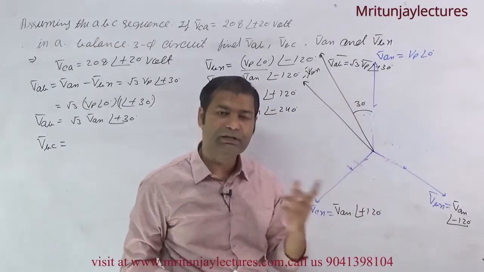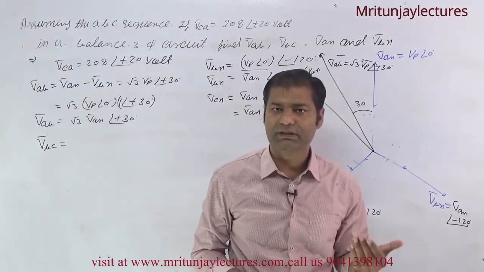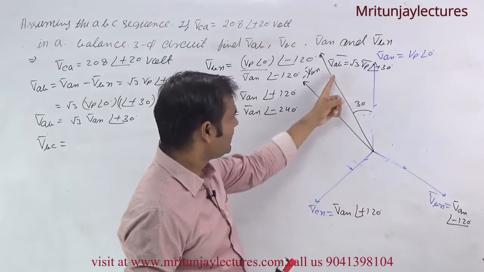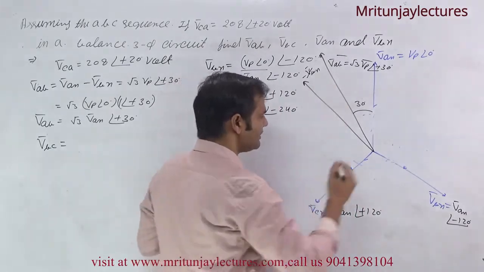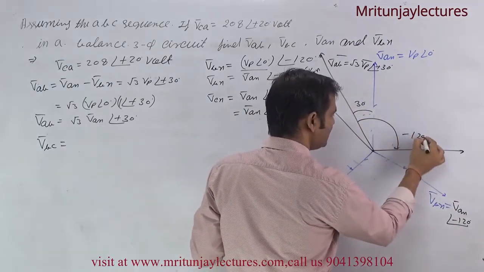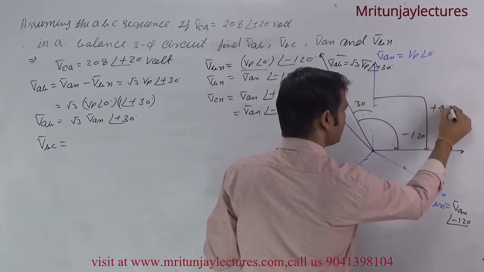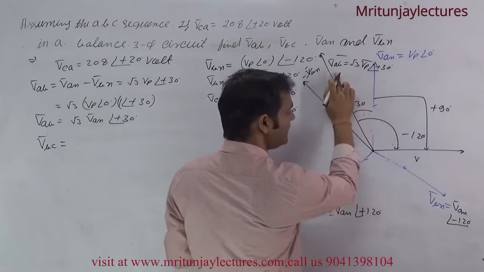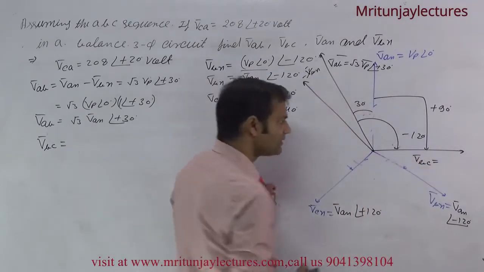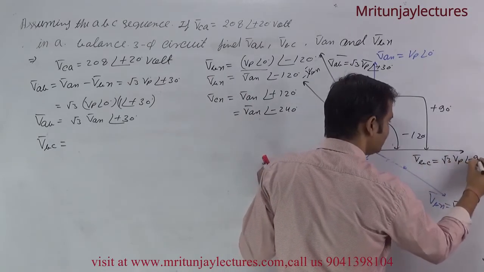Similarly, for line voltages V of AB, V of BC, V of CA, the angle between AB and BC is 120. So if AB is like this, then BC is represented like this. This one is minus 120. So AB, after that BC, because the phase sequence is ABC, is written as root 3 times VP at the angle minus 90 degree.